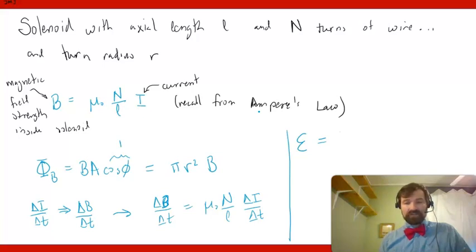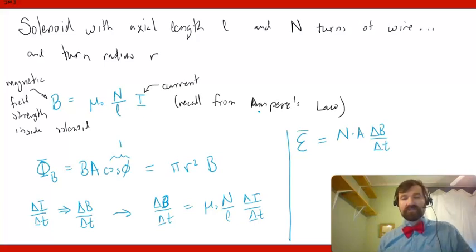should look like N times A times delta B over delta T. That's your Faraday's law.